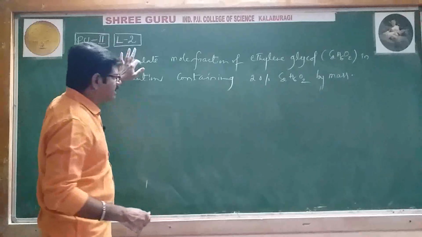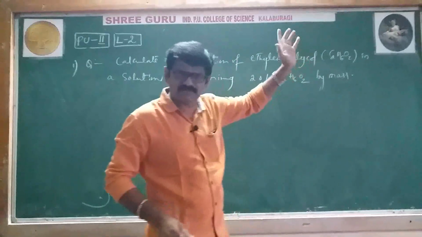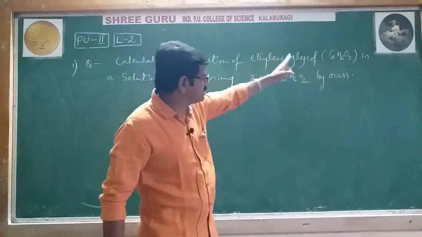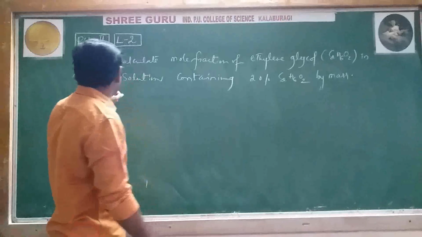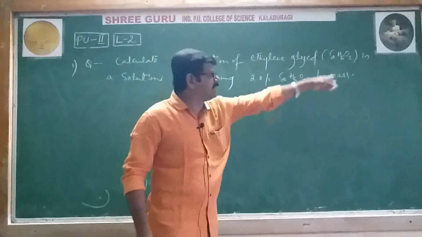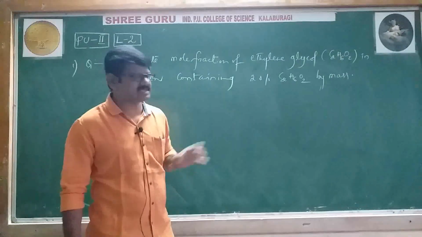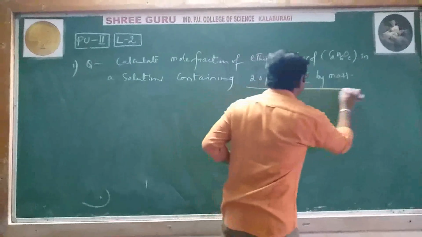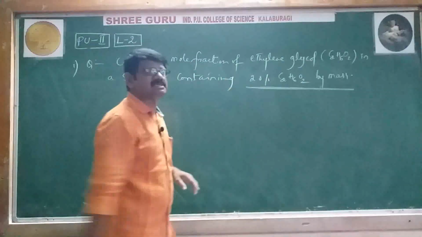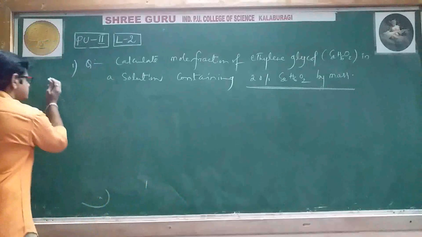Calculate the mole fraction of ethylene glycol. Ethylene glycol is one of the components. We need the mole fraction of ethylene glycol in a solution containing 20% ethylene glycol by mass. First we will understand its meaning.